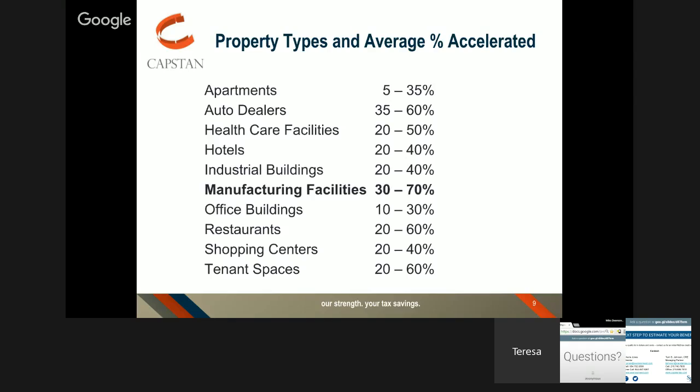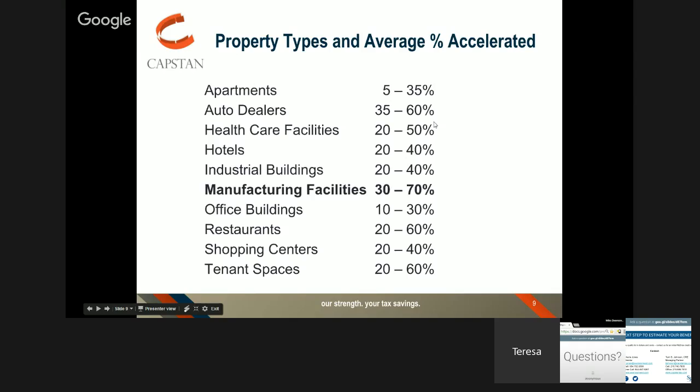A lot of it depends. Remember what I was talking about, the special nature of what you do in your building. The more specialized equipment, let's say you have some very specialized equipment, you've got electrical systems, HVAC systems, you have clean rooms, things like that that support the infrastructure. So most of those costs are going to end up being 7 years. And if you have a pretty big site, again, you could end up with maybe 20% in land improvements.